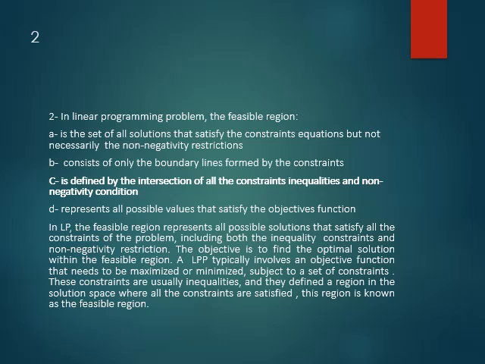This region is known as the feasible region. Accordingly, the correct answer is C. The feasible region is defined by the intersection of all constraint inequalities and the non-negativity condition.